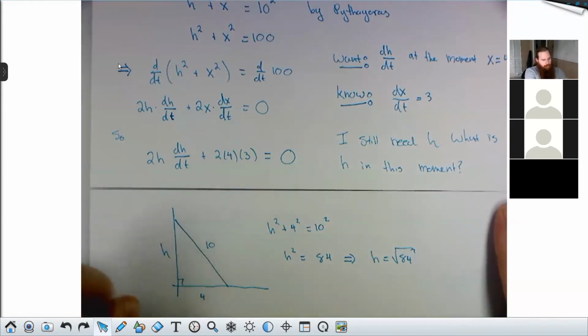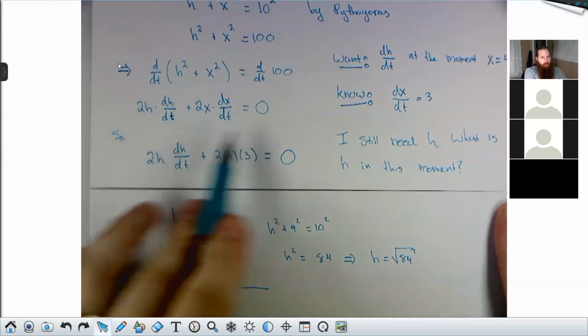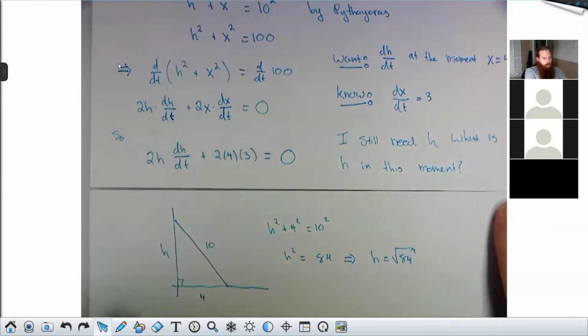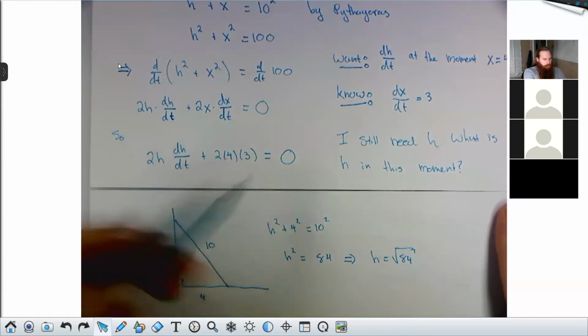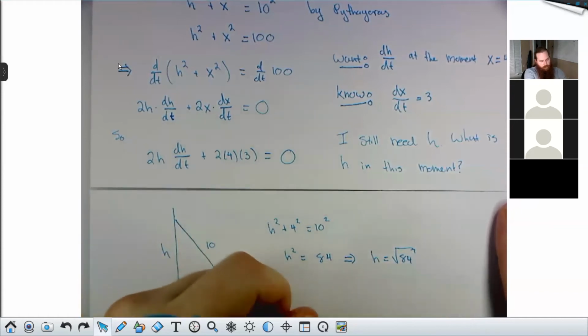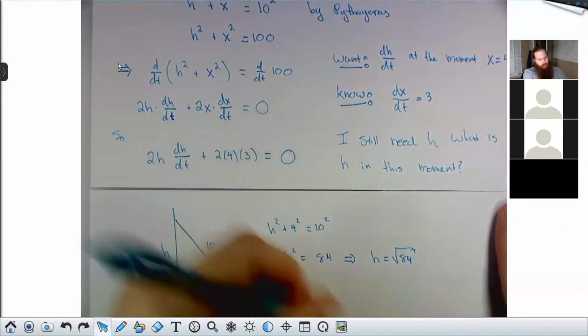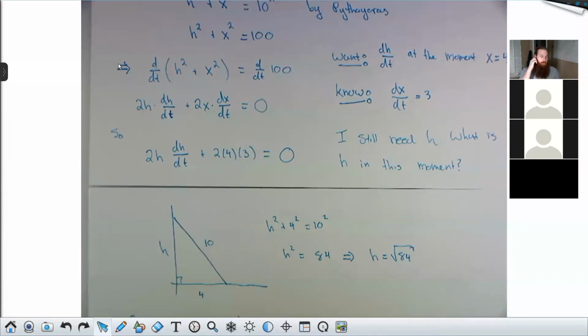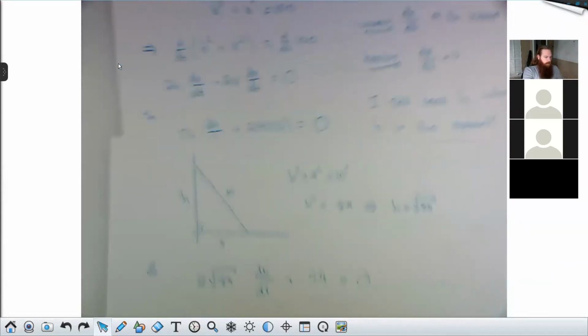Therefore, my relationship here, I can rewrite as 2 times the square root of 84 times dh dt plus 8 times 3, this is 24, equals 0. Oh, sorry, let's get this up here where you guys can see it.